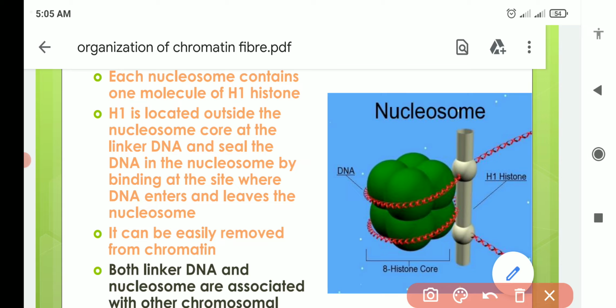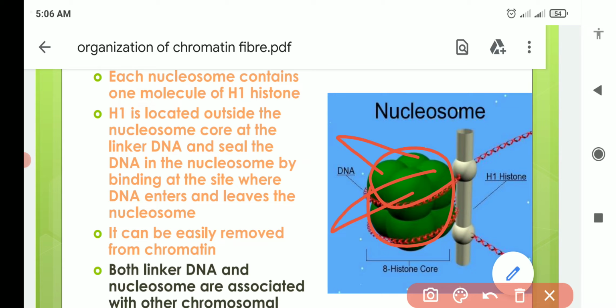Likewise, because H1 histone is present outside, it can be easily removed from chromatin. It is hard to remove the histone proteins from the octamer because they are present inside and are associated with each other.